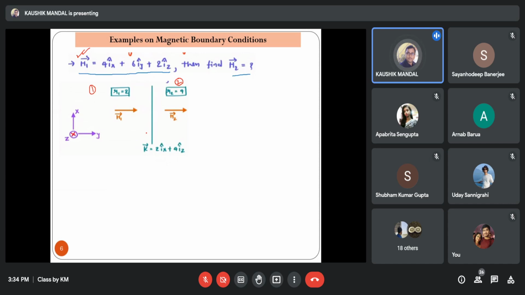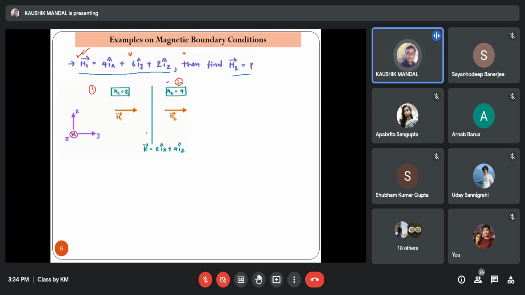We are considering the two media 1 and 2, separated by a particular surface where the surface current is given, K equal to 2ix plus 4iz. Now the magnetic field is moving from medium 1 to medium 2. In medium 1 mu1 is 2, in medium 2 mu2 is 4.